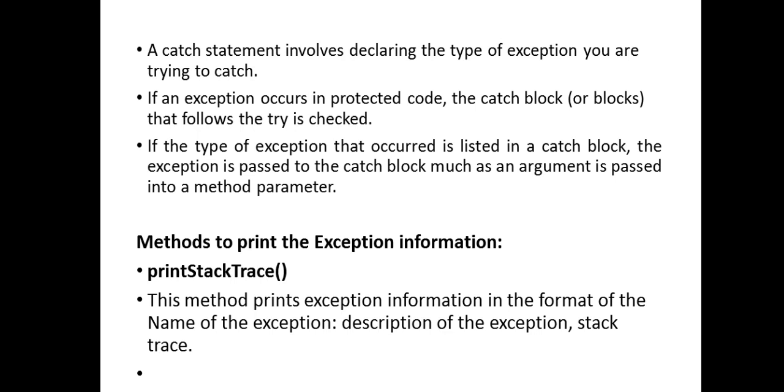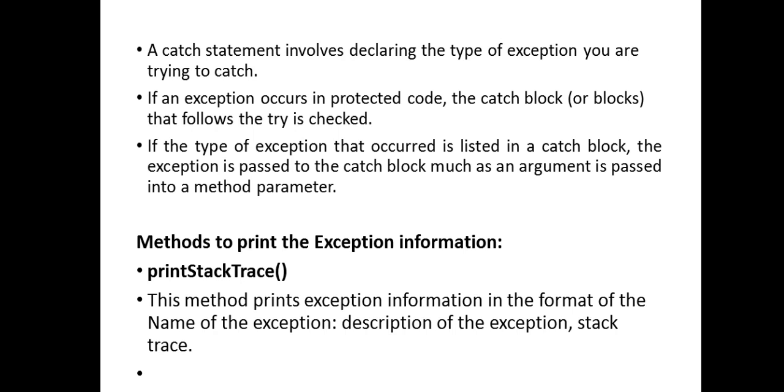Suppose an exception has occurred in our program and we have to show it to the user. So there are three options to display the information when an exception occurs, right? The first one is printStackTrace. This method prints exception information in the format of the name of the exception, then a colon, then the description of the exception, and then the stack trace.